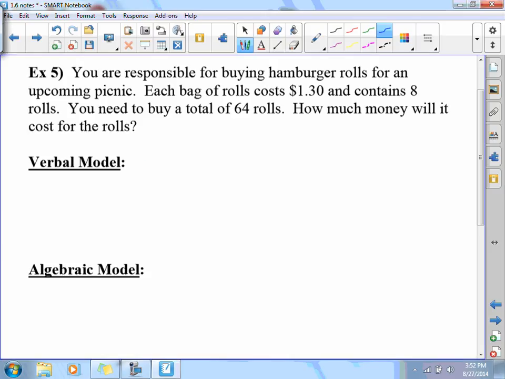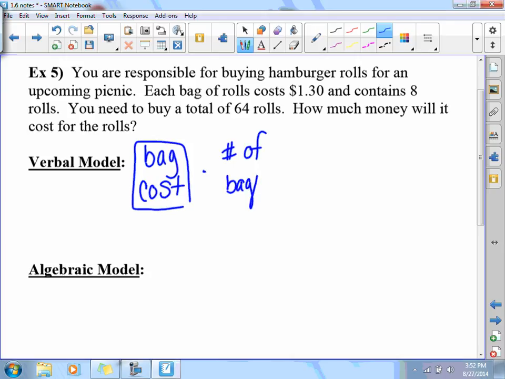If I was shopping, I would take the cost per bag, and I would multiply it by the number of bags that I bought. And that would tell me how much I spent altogether on the hamburger rolls.